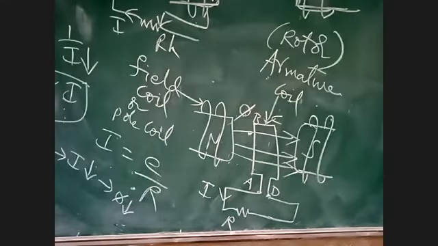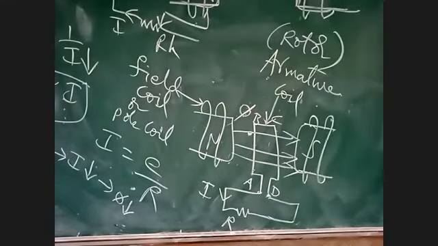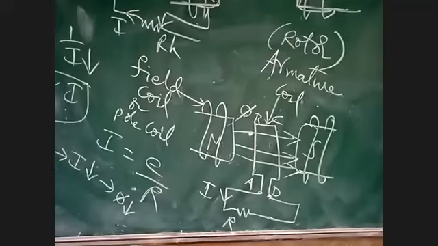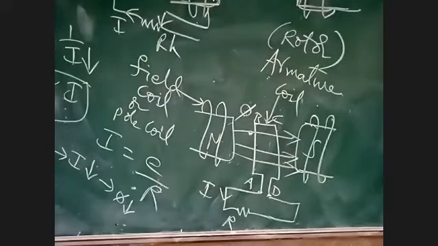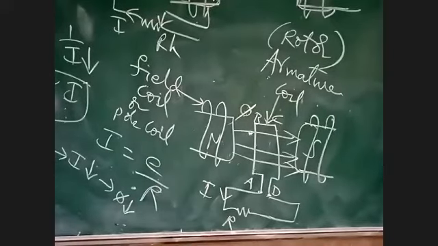One coil is the field coil, which is used to magnetize the iron piece as a magnet.